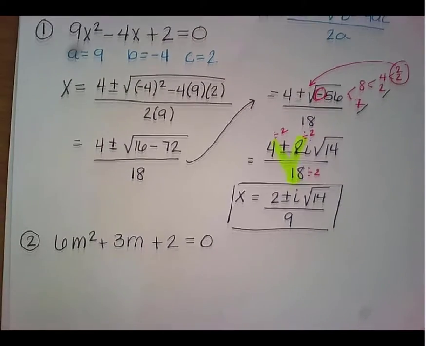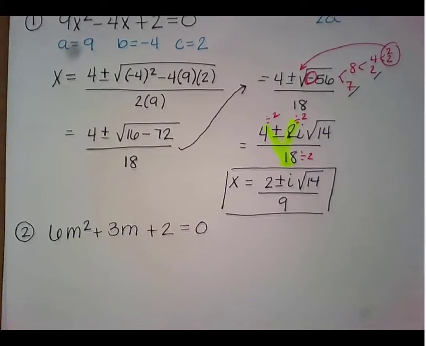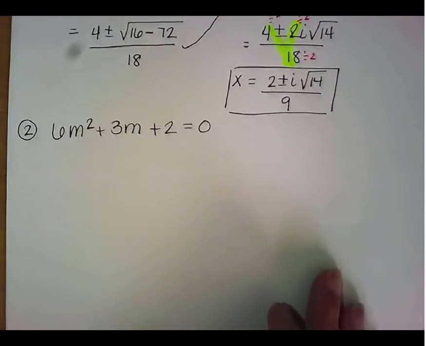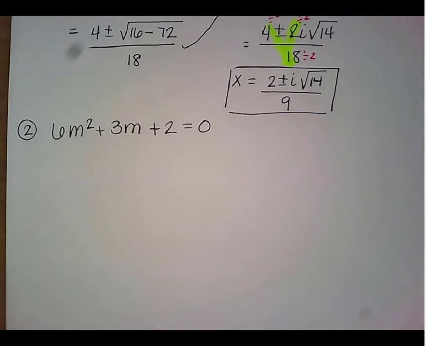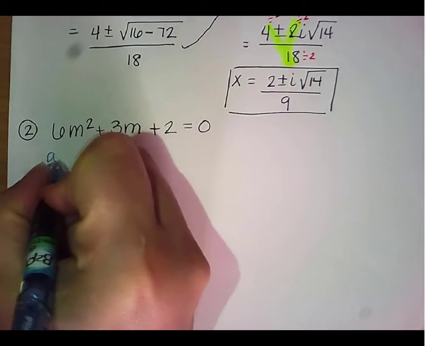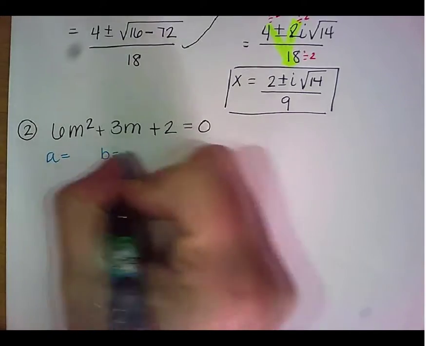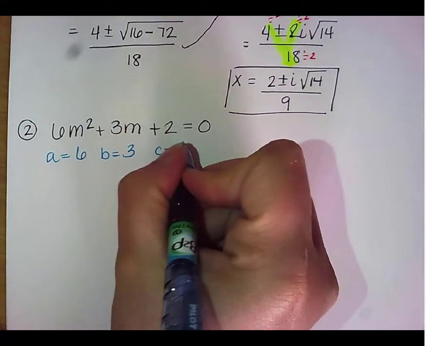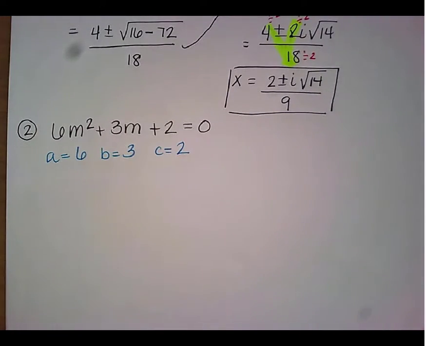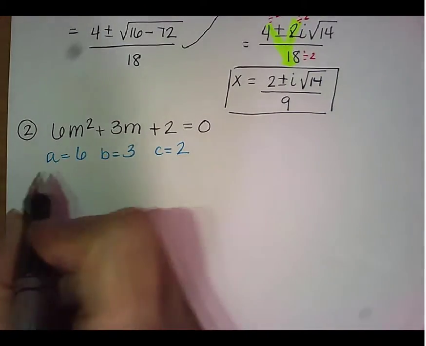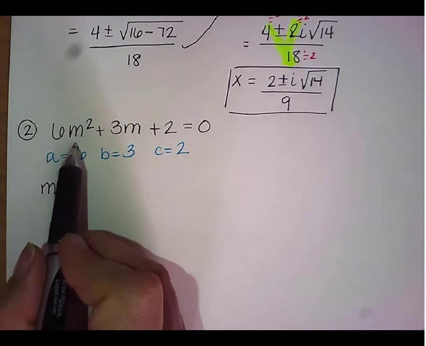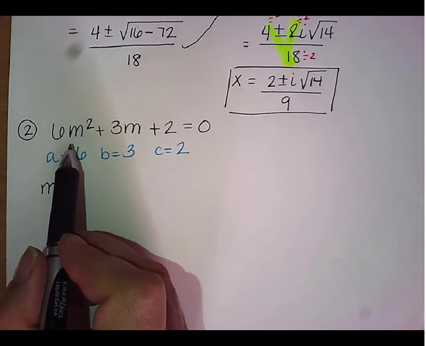Alright, so let's look at our second example here. We've got 6m squared plus 3m plus 2. Again, we're still using our quadratic formula, so I'm going to start off by picking out my a, b, and c. So we've got 6, 3, and 2. So I'm going to start off, we got m equals, and the only reason I'm using the letter m here instead of x is because m is the letter that's in my quadratic formula.